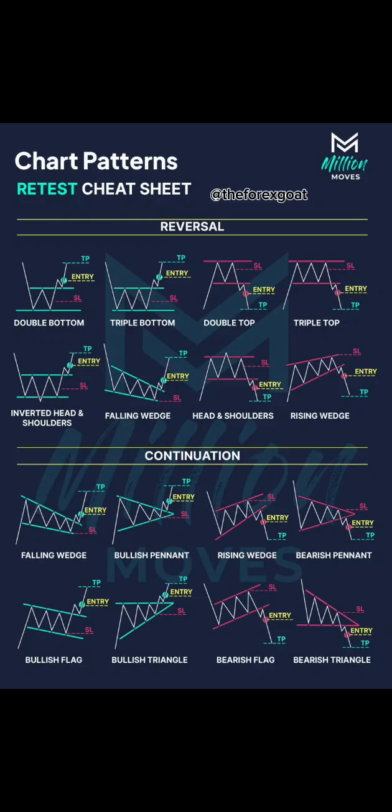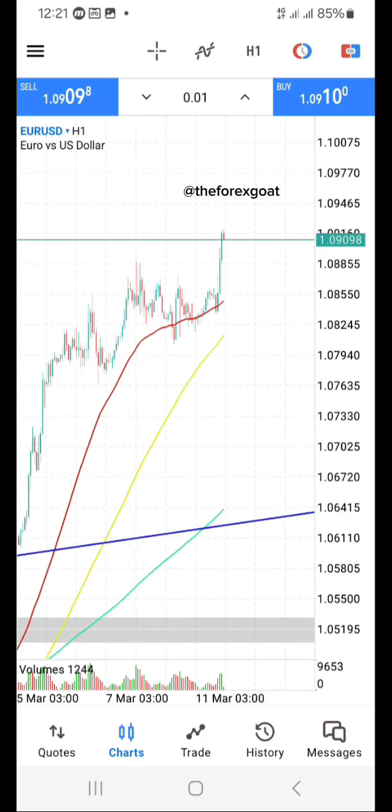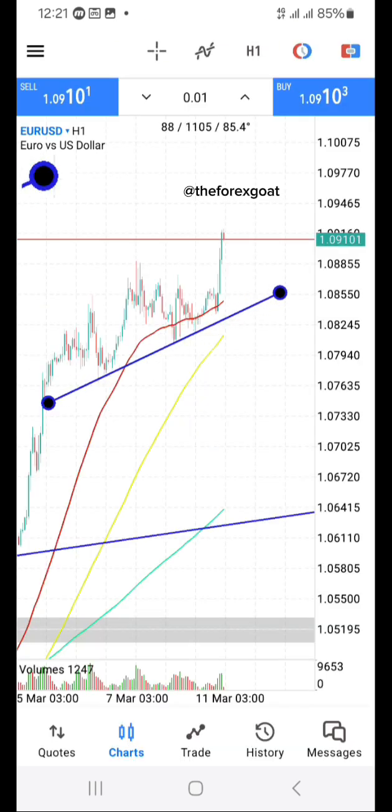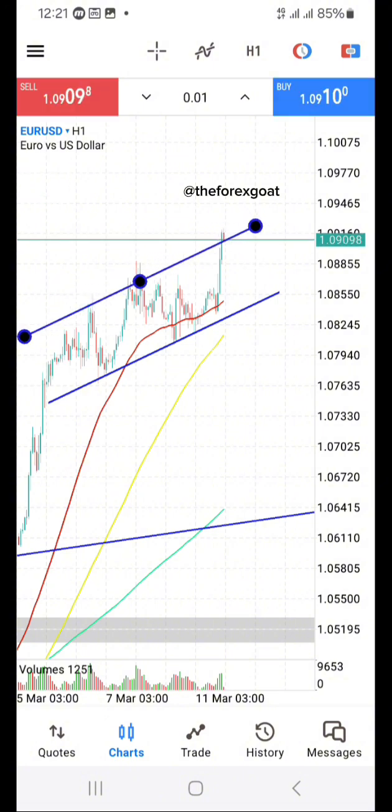I'm fine. So today I'm gonna show you how I trade the strategy, and this is 1 hour EURUSD. It shows like a rising channel, so I'm doing like this. Yeah.